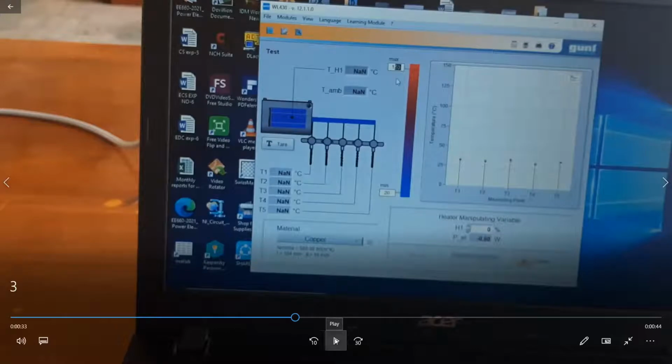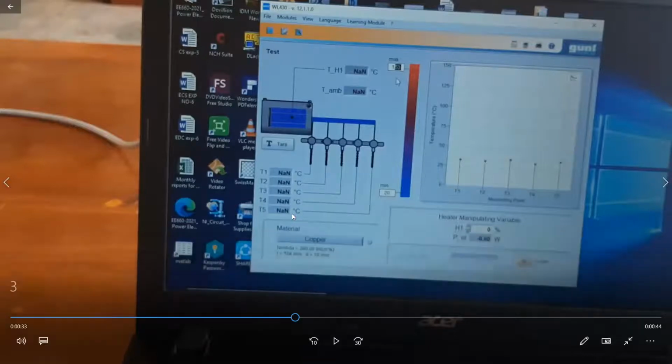So we'll do it for the copper now. Here you can directly observe the temperature, 5 different temperatures in 5 different places, T1, T2. Then this will be the temperature curve, which you have to draw. Here you can directly note down the temperature. I have noted everything down.